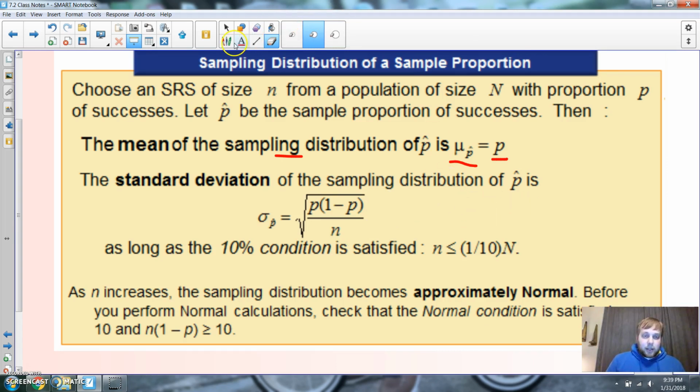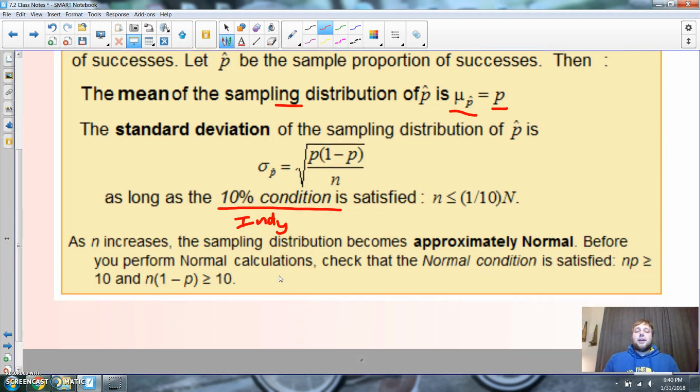Now here is the last rule that you need to memorize for proportions. Okay? First of all, as long as the 10% condition is satisfied, or independent, maybe we'll call this ND, right? Remember, because things have to be independent for this formula to work. 10% condition, we talked about this yesterday.